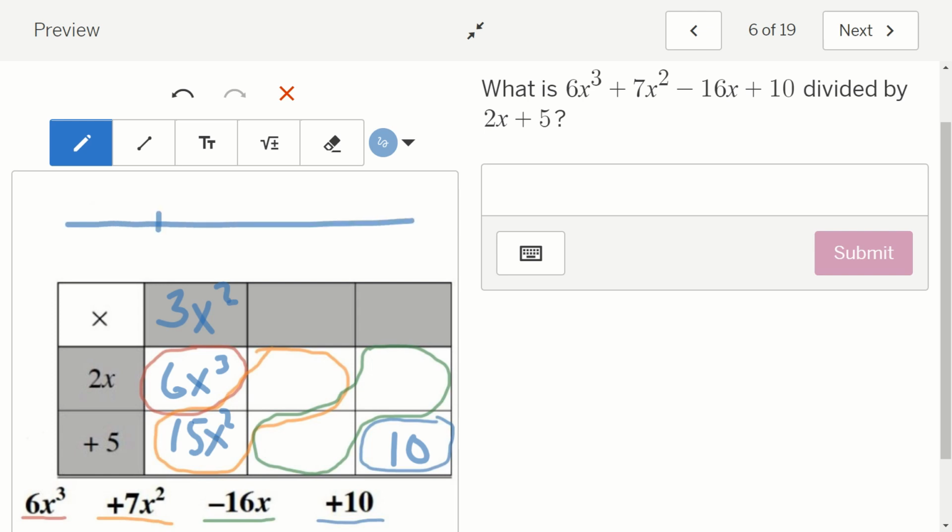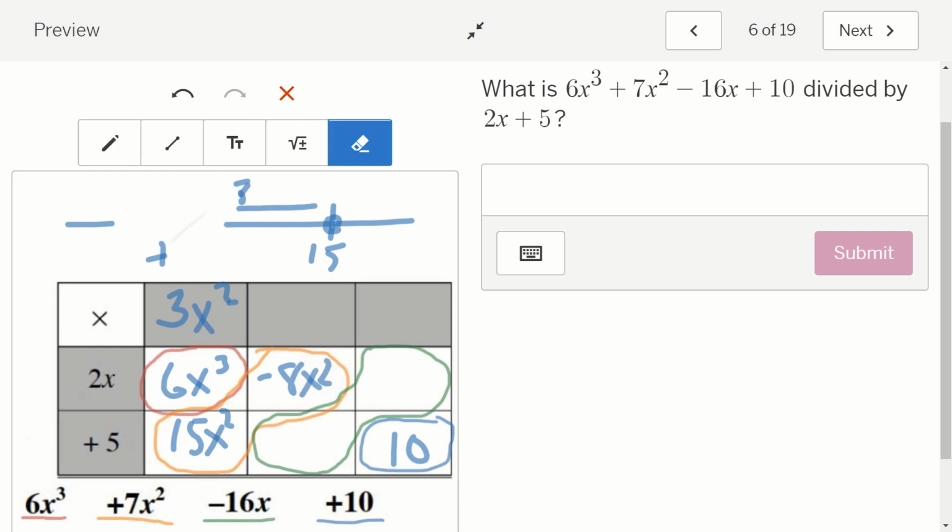So we need a 7. We have a 15. How do I get from 15 down to 7? Well, I've got to go 8 to the left. And you can literally count it. If you've got a number line, count, I've got 15, but I need a 7. So count 8 to the left. So it would be negative 8x squared. Let me erase that because we don't actually want that there.